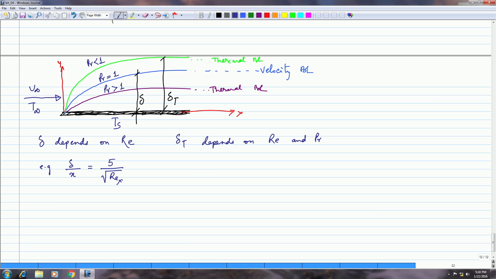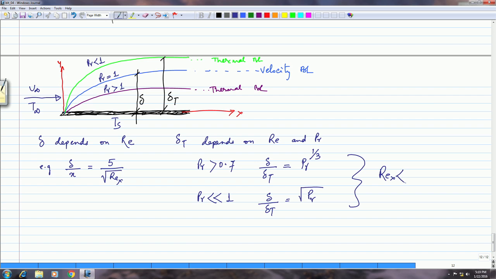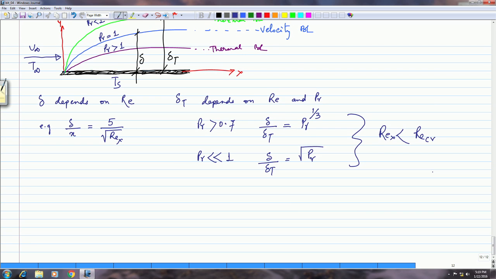Now, for Prandtl number larger than 0.7, we get a relationship like this, and for very small Prandtl numbers, this. And this is a case where the Reynolds number is less than the critical Reynolds number.